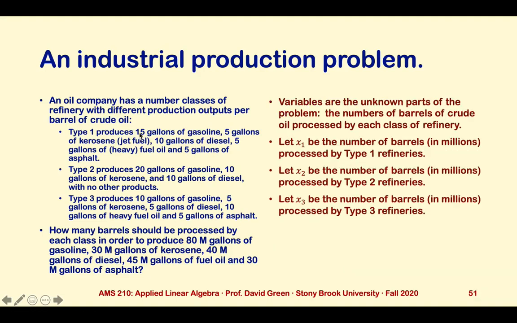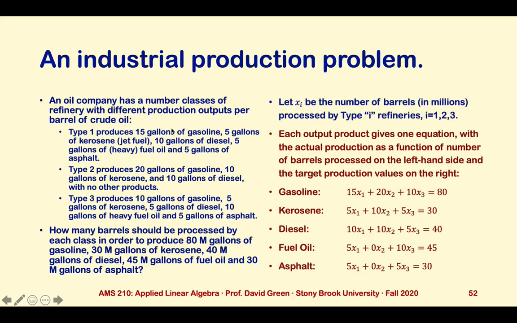So essentially taking one value, 15, 20, and 10 for each of these descriptions of how much is produced by each type of refinery, gives us the left-hand side of our first equation. This is the actual amount of gasoline produced, and what we want to produce is 80 million. So what we would like is this side to equal 80.